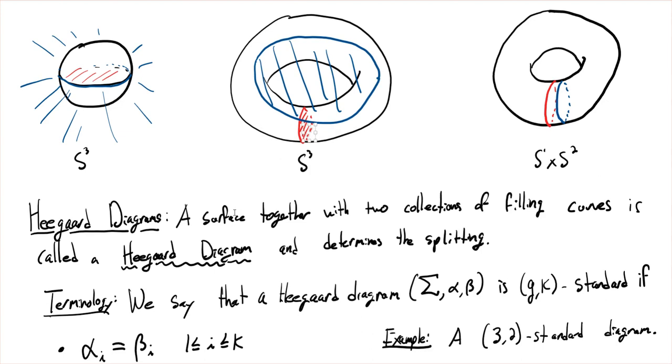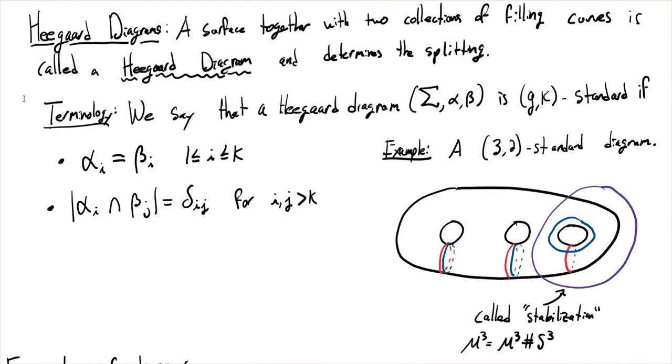So in light of this, we will say that a Heegaard diagram is (G,K) standard if there are K pairs of parallel curves and G minus K pairs of curves that intersect once.